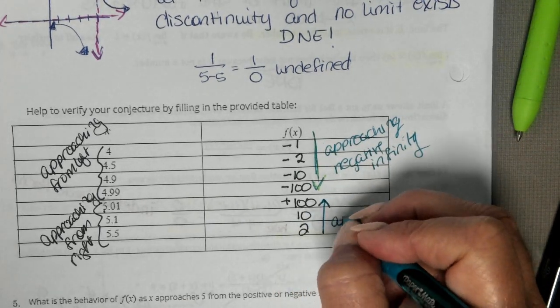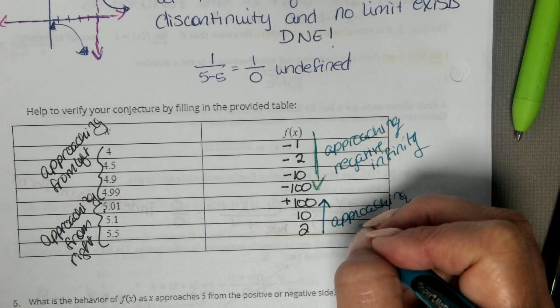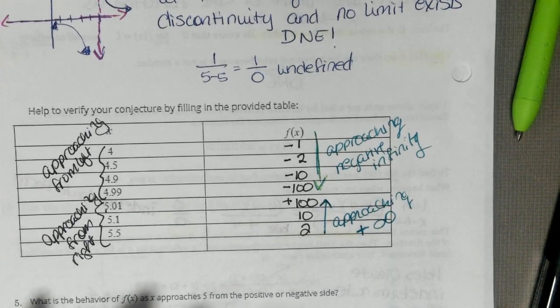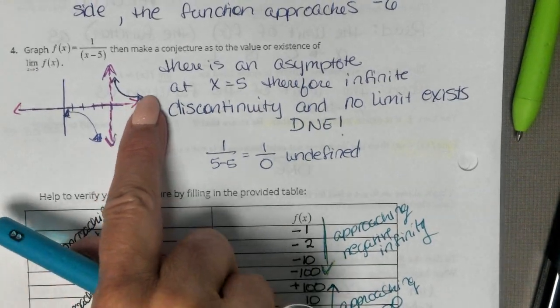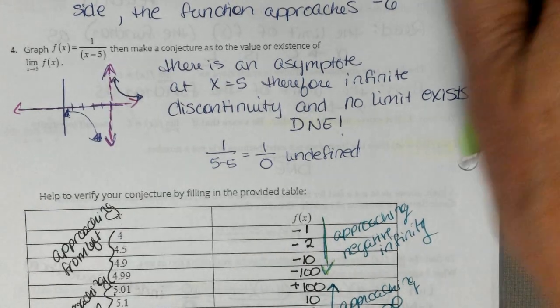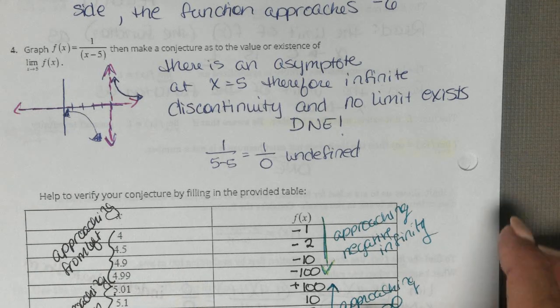So we are approaching positive infinity. And if you look on the graph, we are approaching positive infinity. So these are just different ways to symbolize, to understand what's happening, be it if you have a graph, if you have a function rule, whatever the case may be.